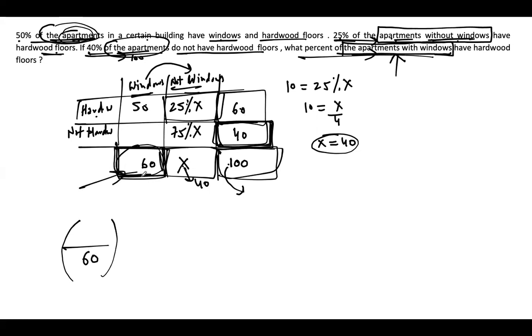Out of these, 50 have hardwood floors. So 50 by 60 into 100 will give you 83.33. The answer is 83.33%.